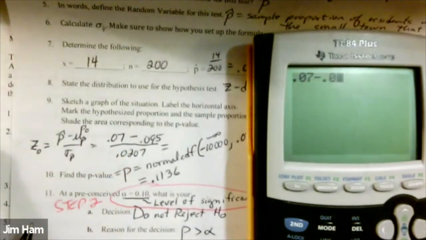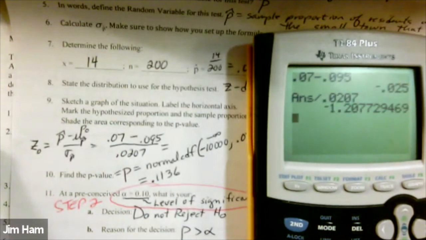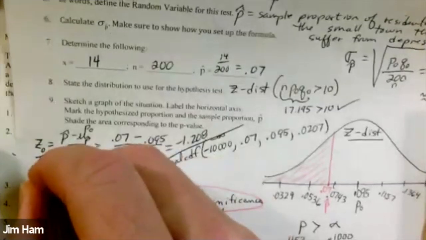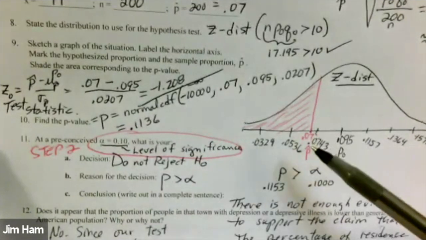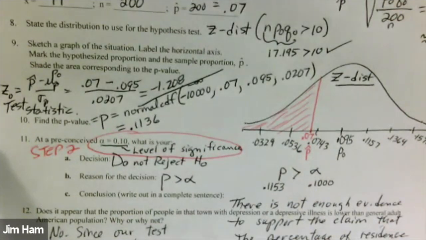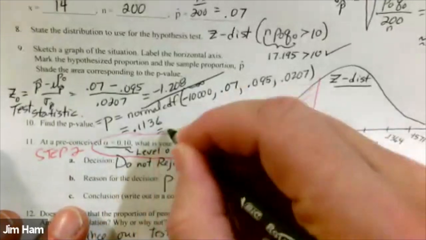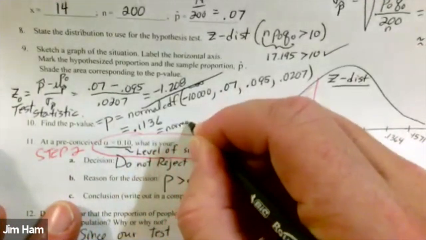0.07 minus 0.095, and then we want to divide that by 0.0207. Negative 1.208. And this is the test statistic. Notice we can get the p-value without calculating the test statistic. And you may also notice that this is equal to normal CDF.